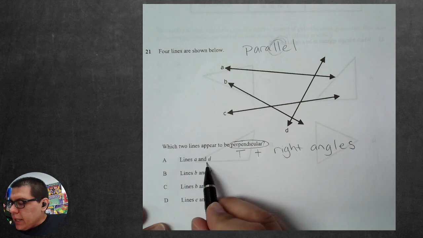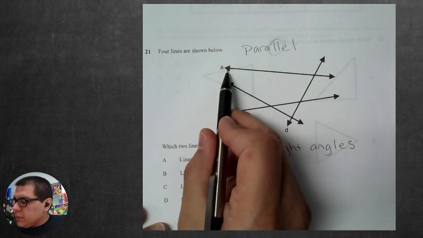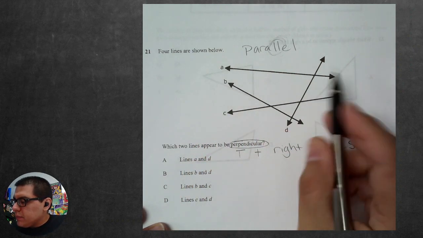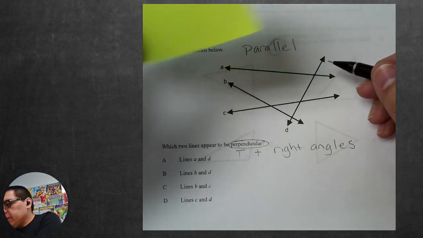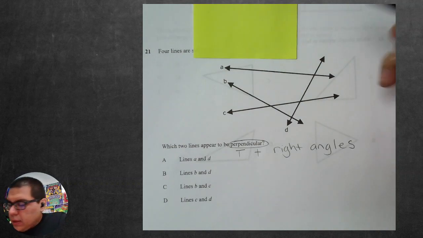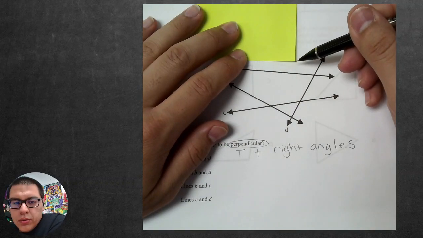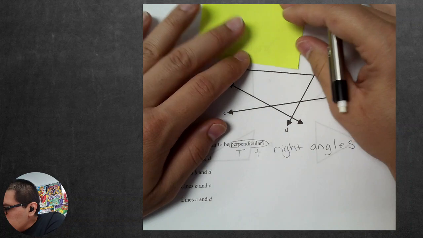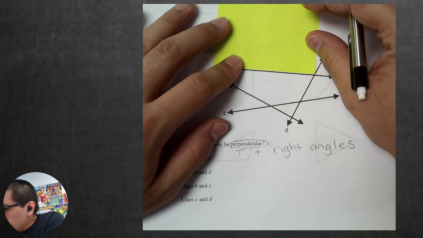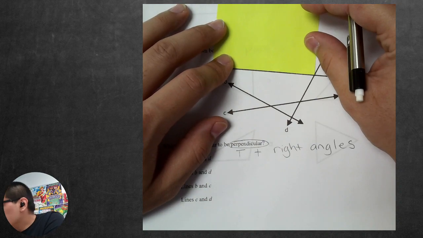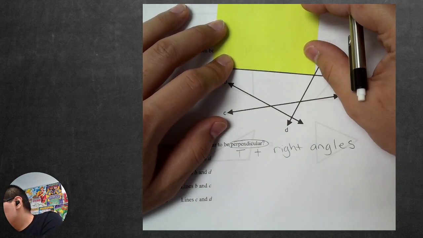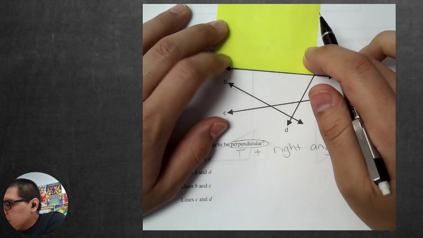A says lines A and D. Okay, here's line A, here's line D. I'm going to take my sticky note. I'm going to put the vertex, the corner of my sticky note, into the vertex, the corner of my angle. I'm going to try to make it fit as best as I can, but that's about as good as I can get it.